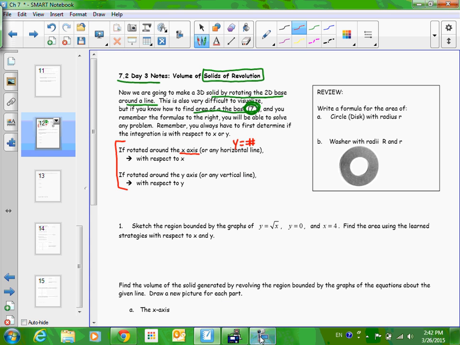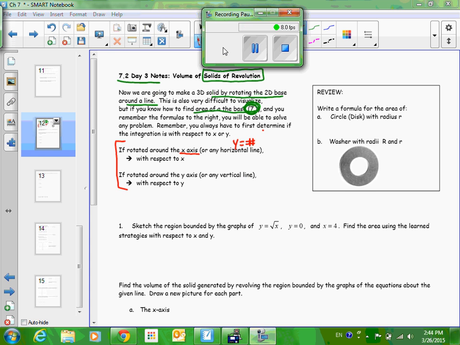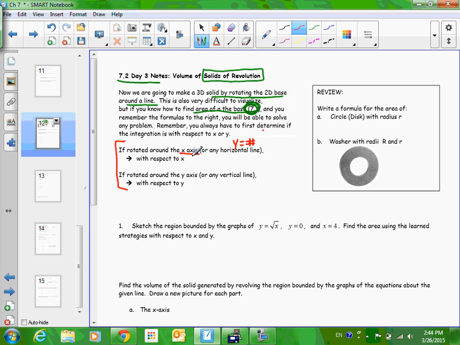Sorry to interrupt. Okay, back to what I was saying. It may be tricky because you may think, if something's being rotated around the line y equals something, it's with respect to y, but it's not. It's with respect to x.